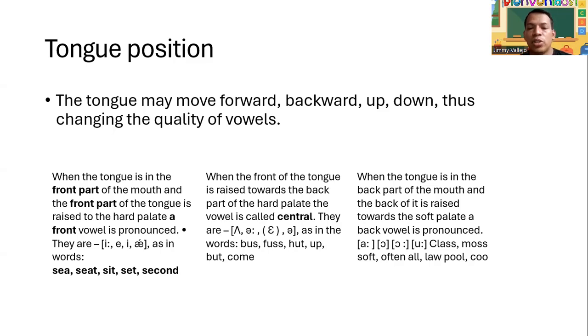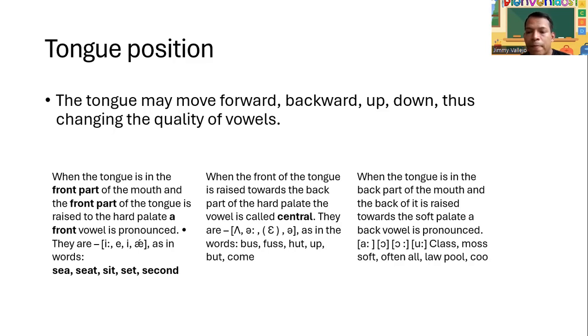When the center of the tongue is raised toward the back part of the hard palate, the vowel is called central. They are, as in the words bus, fast, up, but, and come. After that, we have the last tongue position.